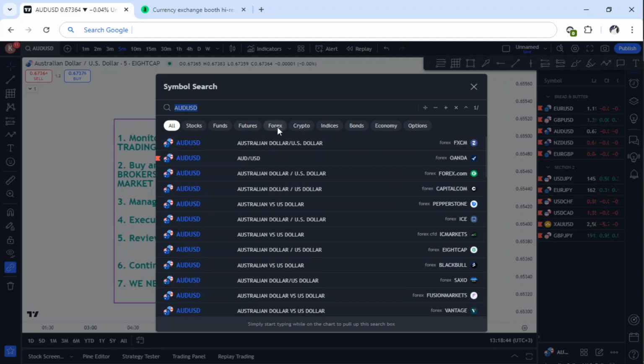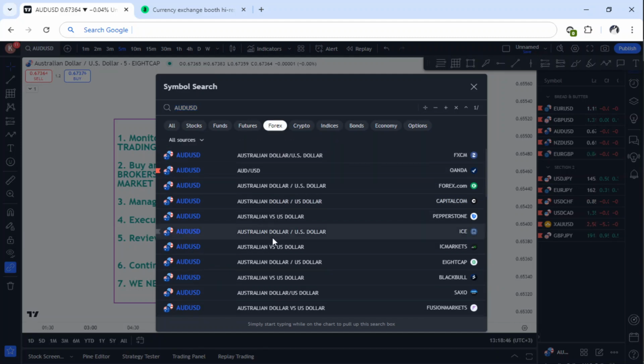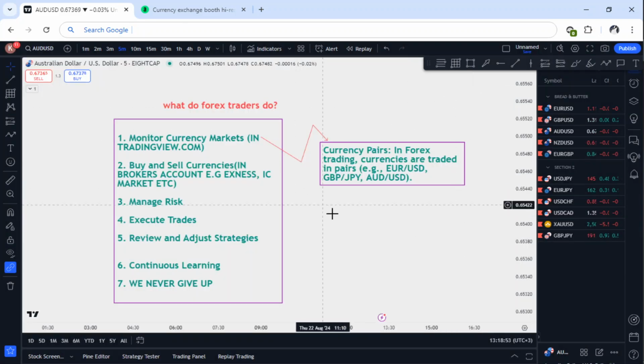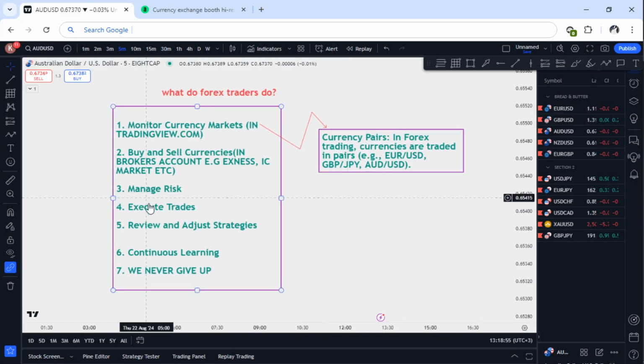If you just click here in forex, you will find so many of them. It is your responsibility to search for them here and get them, and then we execute trades with the same brokers. We review and adjust strategies because we have different strategies of buying and selling the market, and then we continuously learn from them, and most importantly, we don't give up.